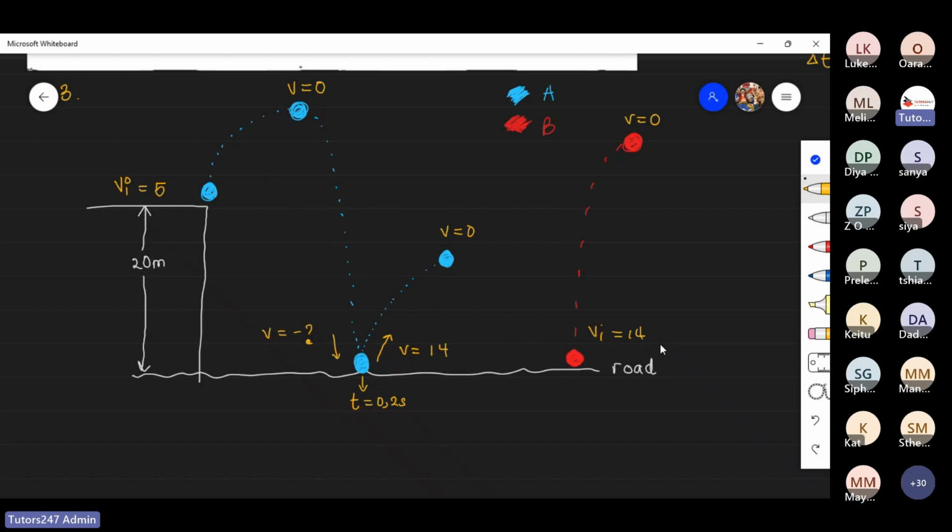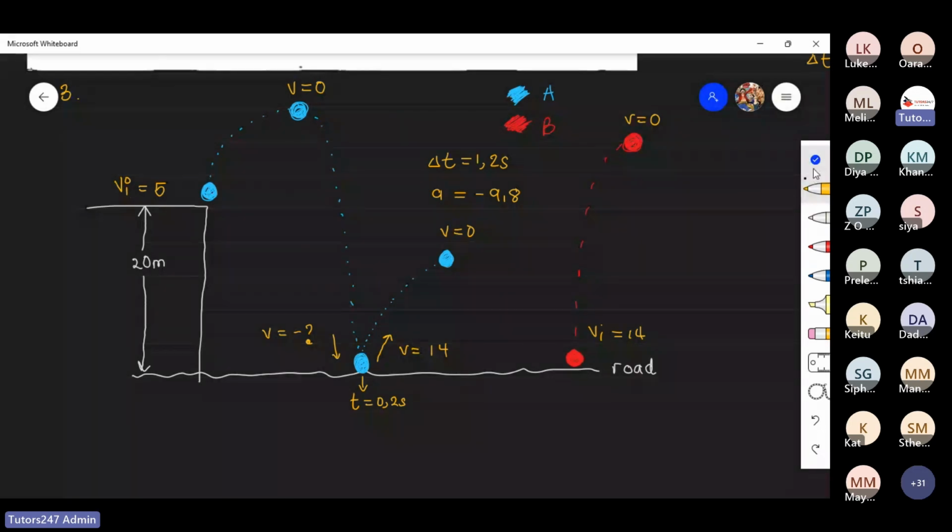Because it's upwards, it's positive 14 meters per second. Now, this is the scenario of what's taking place between ball A and ball B. Keep in mind that the time we are given is 1.2 seconds. In addition to that, we know that our acceleration is -9.8. So we need to calculate displacement.